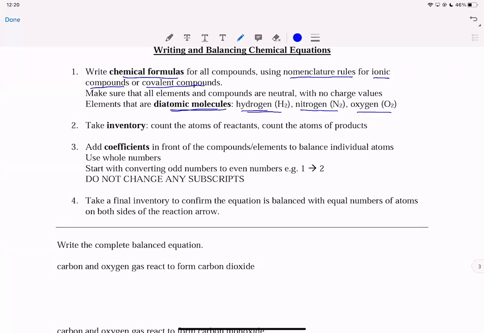When you see the word hydrogen, it doesn't mean it's just the symbol hydrogen. Hydrogen, nitrogen, and oxygen are always present in nature as diatomic. These are called those molecular elements. They're always molecules, and it is a molecule of 2 atoms bonded together.